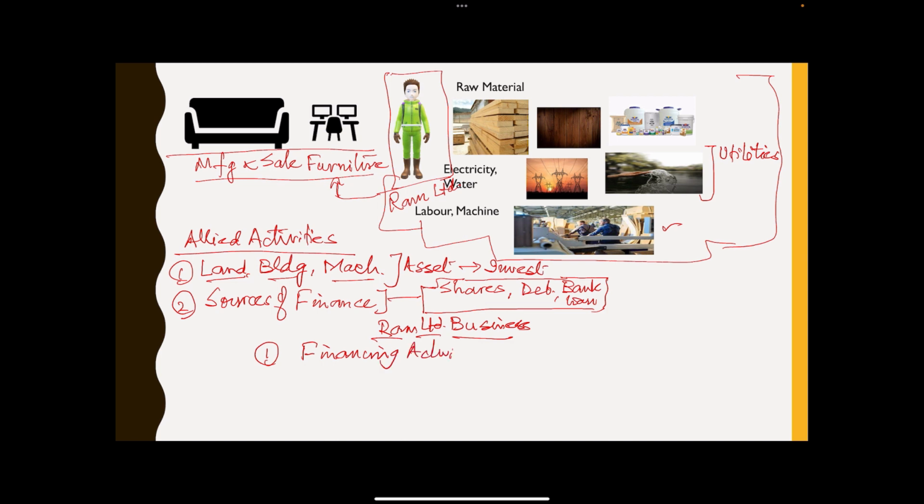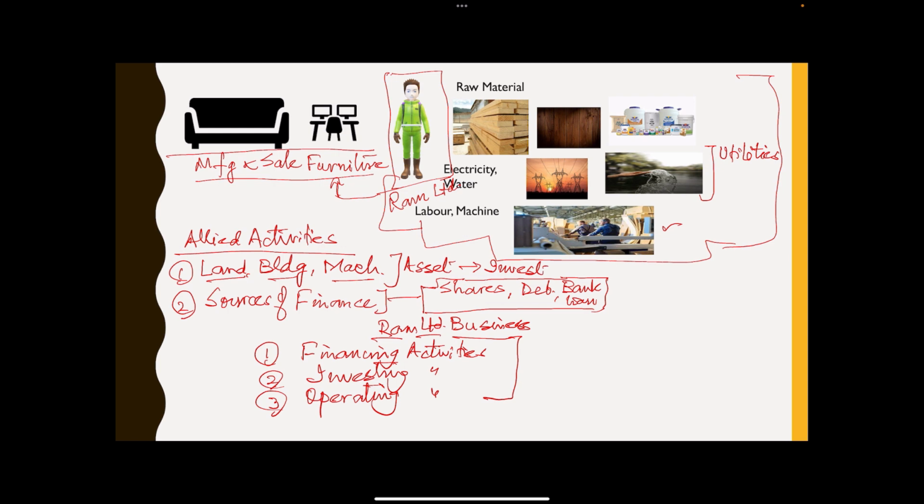Ram will finance his business, then he will invest in land, building and machinery. Only then can he start manufacturing his furniture. That is why the cash flow statement is categorized under these three categories, and expenses related to all these categories are grouped under these three different categories.